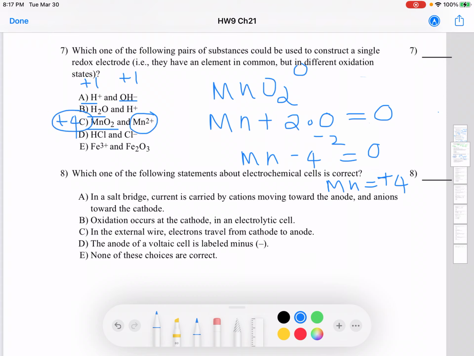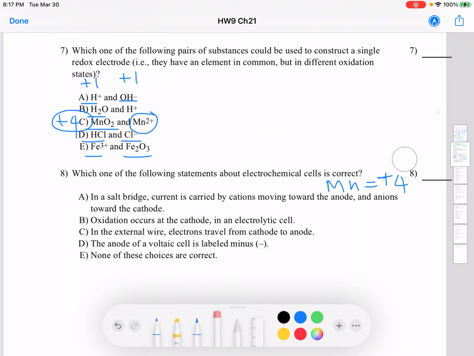So here we have 2 oxidation numbers, so we can use that. And HCl and Cl minus, chloride is -1 and HCl also chloride -1. So you cannot use that. Fe3 plus, Fe2O3. What's the oxidation number of Fe in Fe2O3?